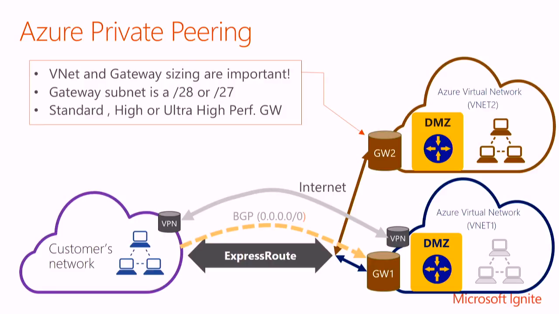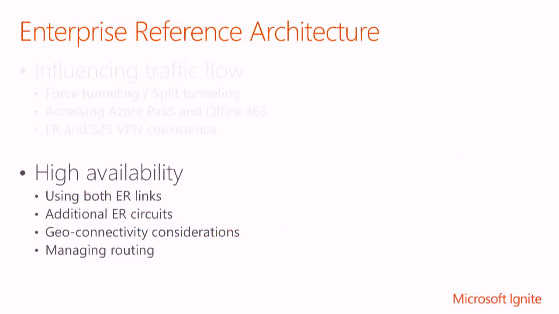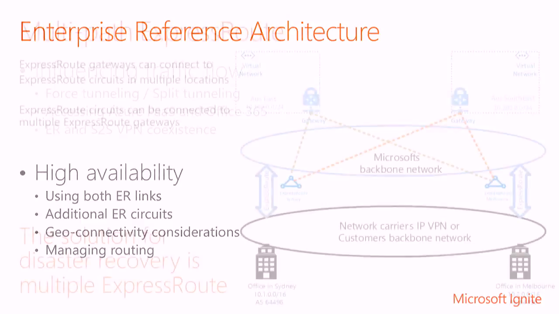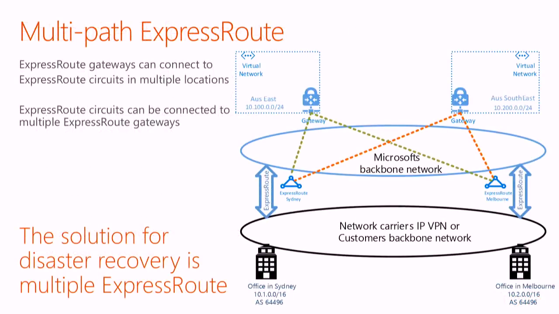That's the option here. And again, for high availability for ER, we said ExpressRoute comes with 2 circuits, and that's how we provide high availability with a 99.95% SLA. But on top of it, customers want connectivity from different locations.